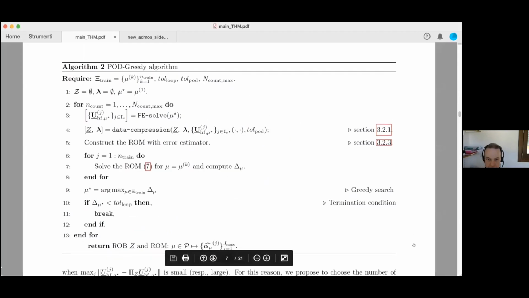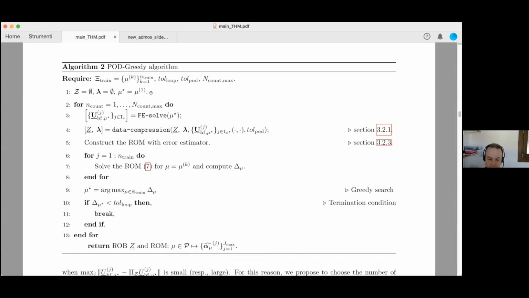So answering the question, no, it's slightly different. I go into detail just a minute. The algorithm starts with a training set that I decided, with a certain variation from reference values of the parameters. You start with empty spaces for the reduced approximation space, and you start with a certain vector of parameters.